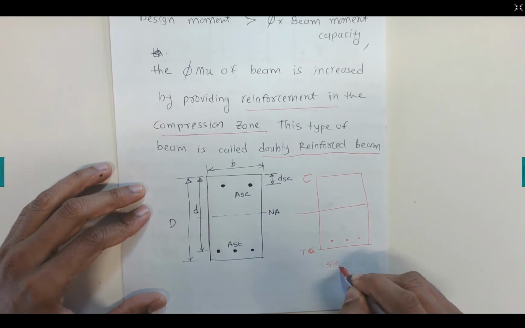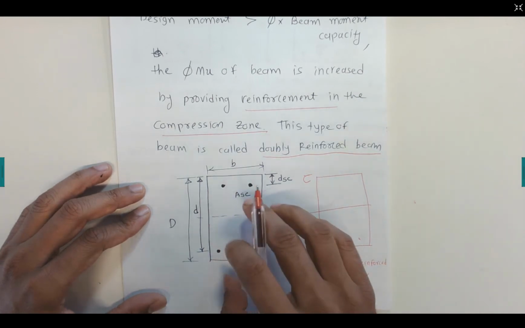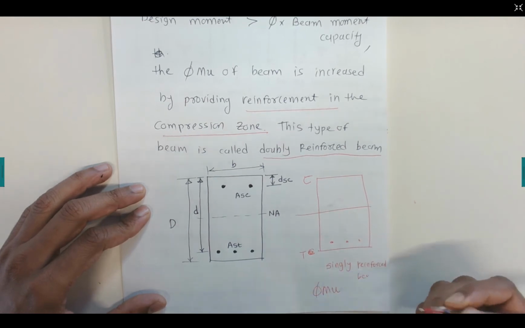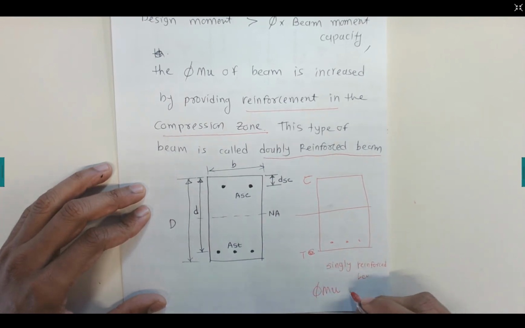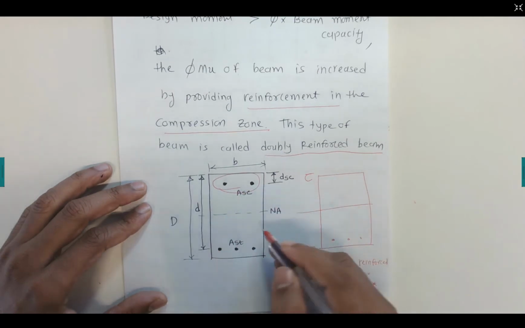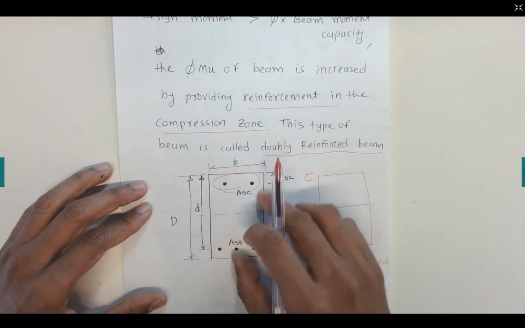This is the typical singly reinforced beam. But now, if we find that phi Mu is not enough compared to the M star value, then we need to put extra reinforcement in the compression side. So this is a typical diagram.